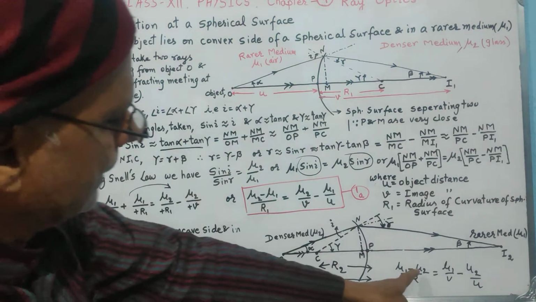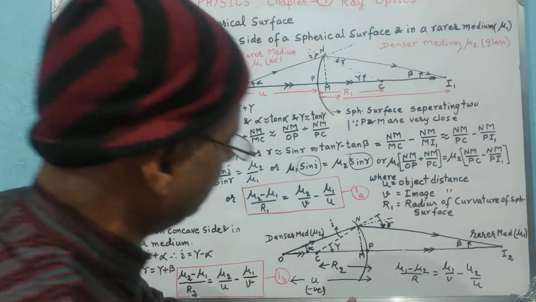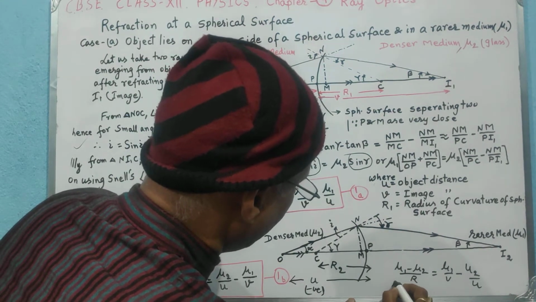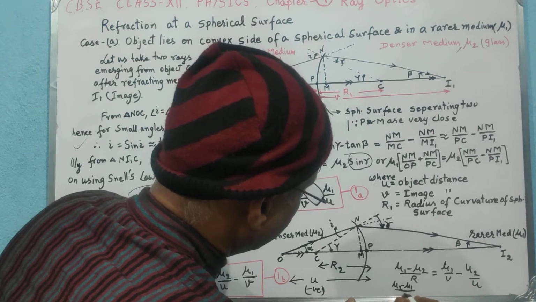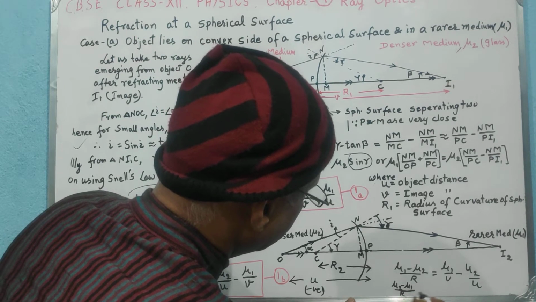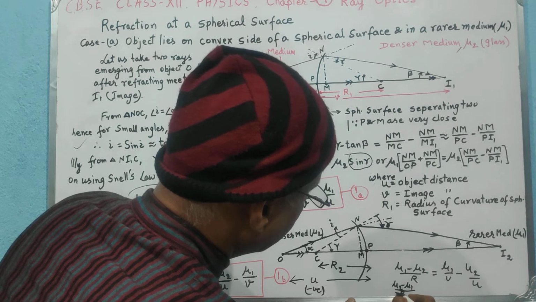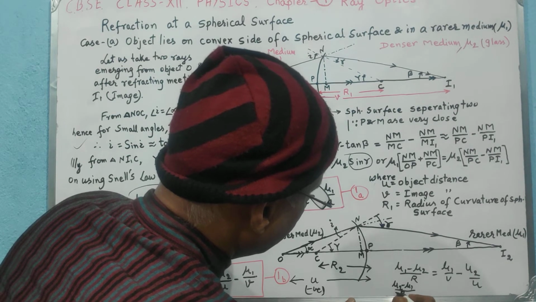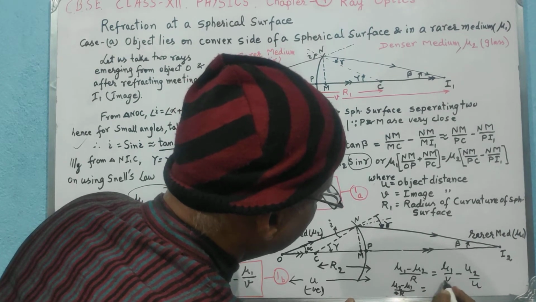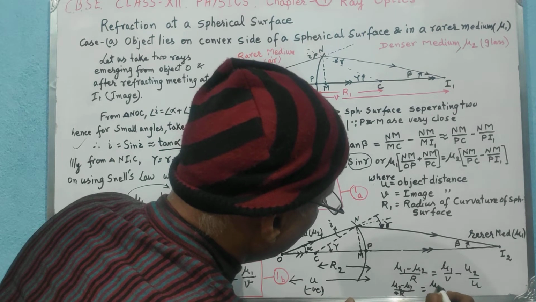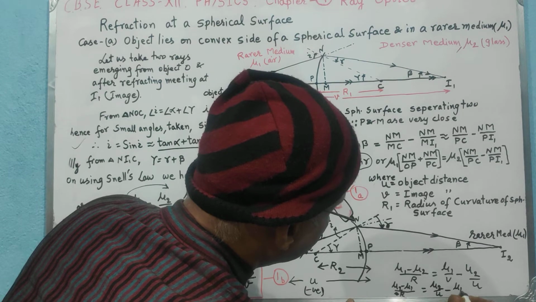Now if you arrange this in the form of mu2 minus mu1, what you get is mu2 minus mu1 divided by r, taking the minus sign and changing sides, equal to mu2 by u minus mu1 by v.